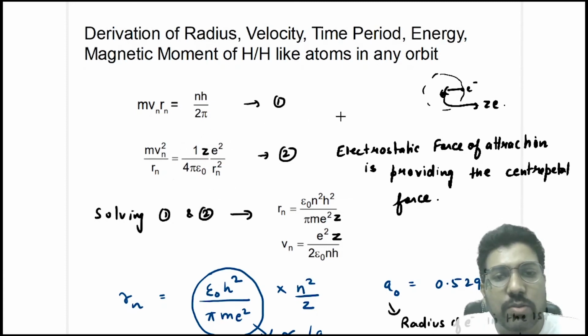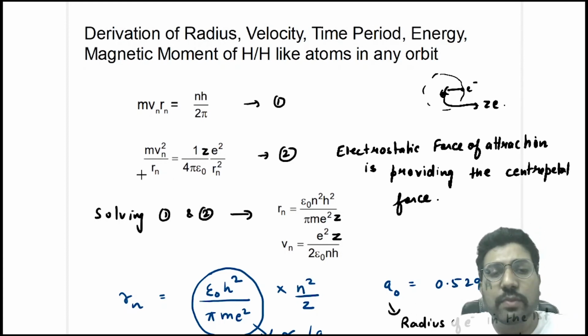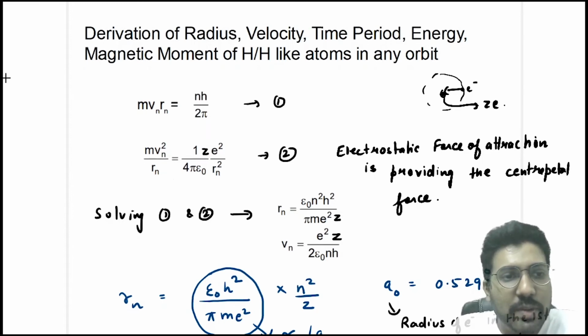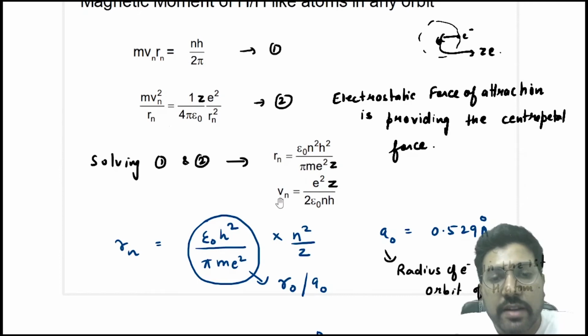It is equal to mv square by R, because the centripetal force is mv square by R and the electrostatic force of attraction is providing the centripetal force. Now when we solve these two equations, we will get the radius is equal to epsilon naught n square h square by pi m e square Z, and the velocity will be e square Z by 2 epsilon naught nh.